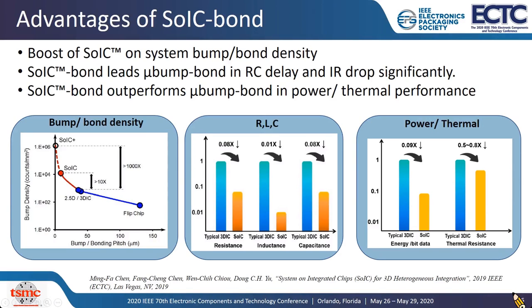As a result, the SOIC bond outperforms typical 3D IC micro bump significantly in RC delay and IR drop. Regarding the power and thermal performance in the right figure, the SOIC bump also has strong advantages on the reduction of energy consumption per bit and the reduction of thermal resistance.